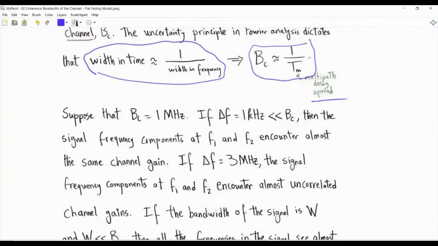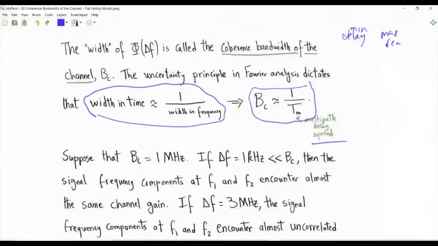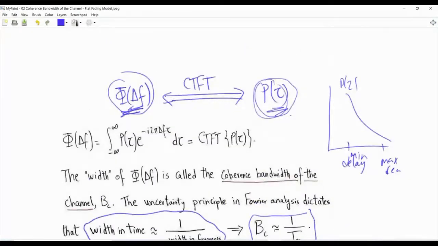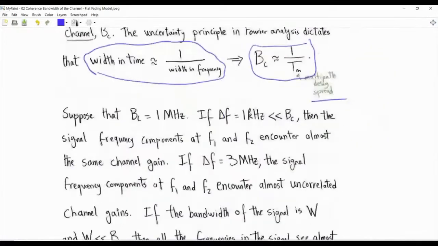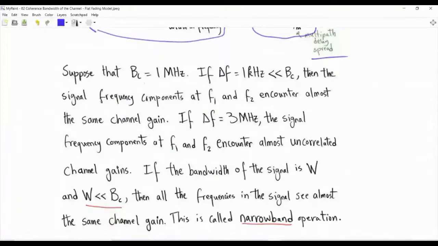What is the meaning of the coherence bandwidth of the channel, that is, the meaning of the width of this correlation function? Remember that this function is the expectation of h of f1, h of f2 conjugated. Suppose that the width of this function is 1 megahertz, and suppose that delta f, the difference between the two frequencies f1 and f2, is 1 kilohertz, which is much smaller than 1 megahertz.